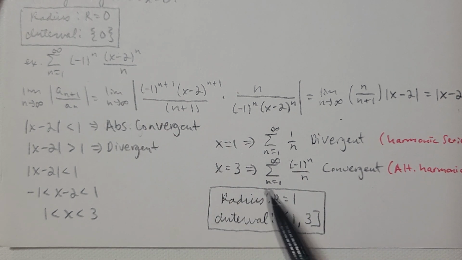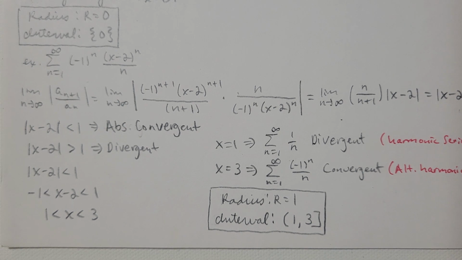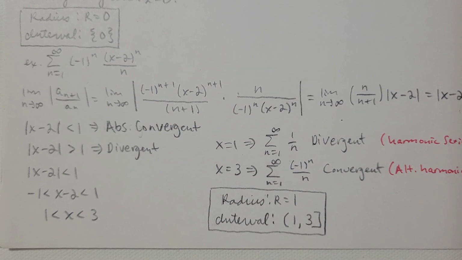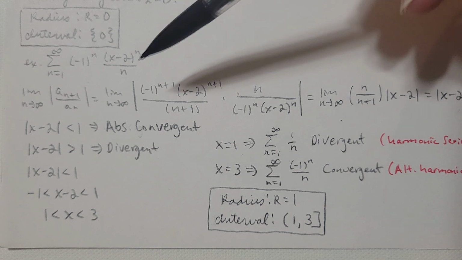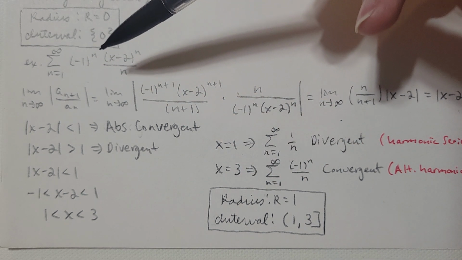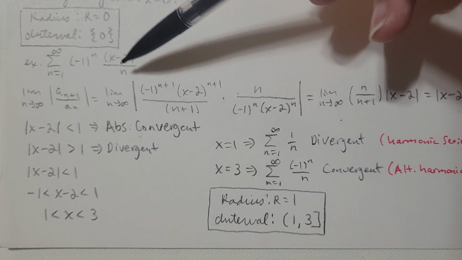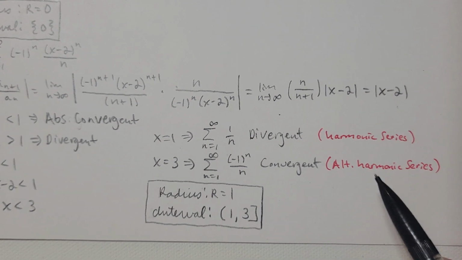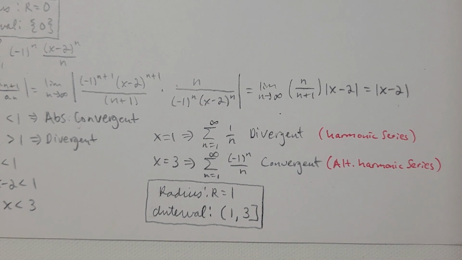Now how about when x is 3? When x is 3, again, if I plug that number back into the original series, 3 minus 2 is 1, and 1 to any power is 1. So I've got the summation as n equals 1 to infinity of negative 1 to the n divided by n. Well, that's the alternating harmonic series, which I know converges.